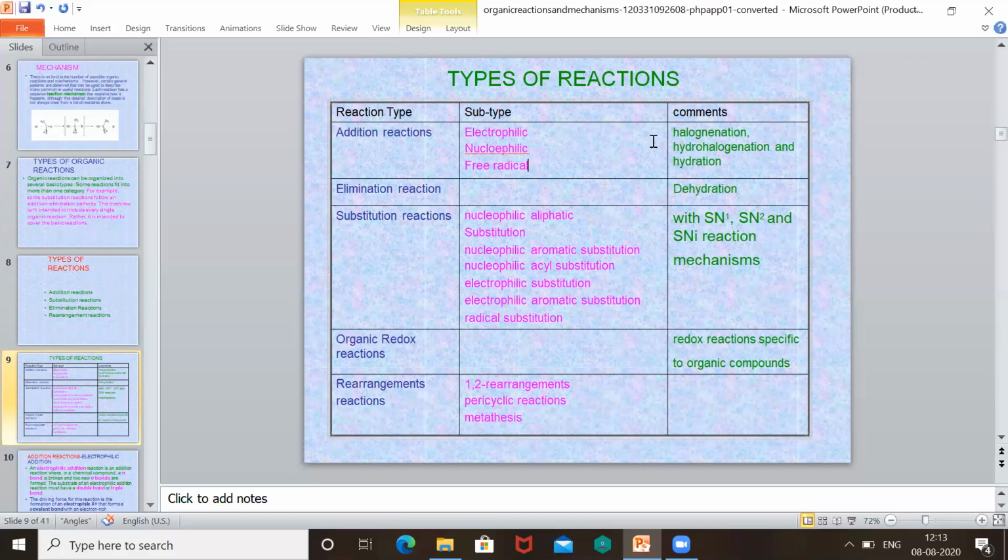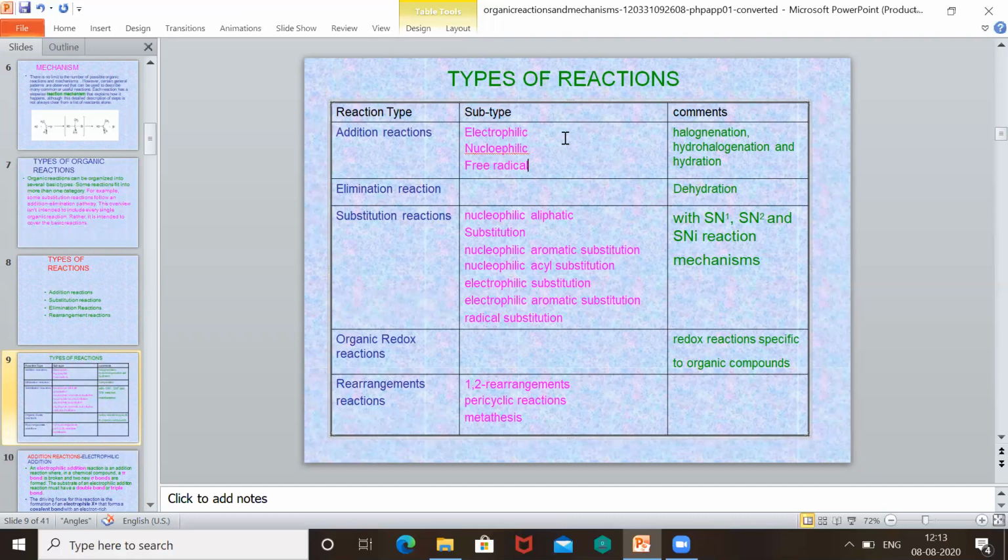Halogenation gives electrophilic addition. Suppose a bromine molecule is there. The bromine molecule breaks into Br plus and Br minus. When Br plus is the reagent which initiates the reaction, it is called an electrophilic addition reaction. Hydrohalogenation: HCl breaks into H plus and Cl minus.